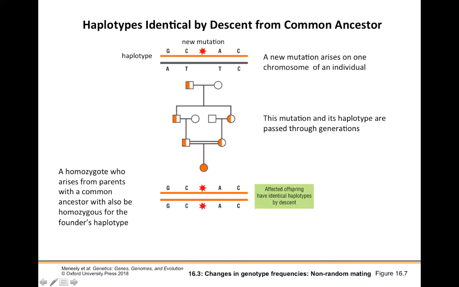We can calculate the likelihood that you possess a particular allele because you inherited it from a common ancestor if there's inbreeding. So inbreeding can also mess up allele and genotype frequencies.